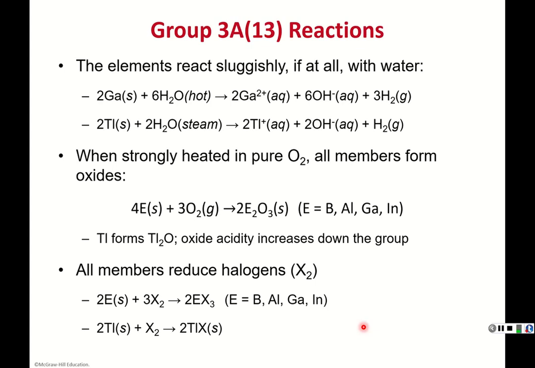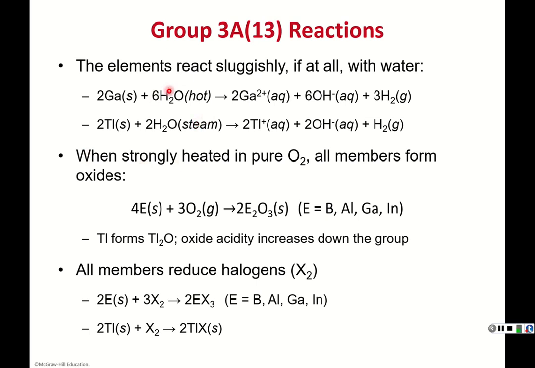Some of the reactions with these elements: we saw the alkaline metals, the group 2 metals, can react with water, especially group 1 metals. These group 3A elements react very slowly and sometimes not at all with water.